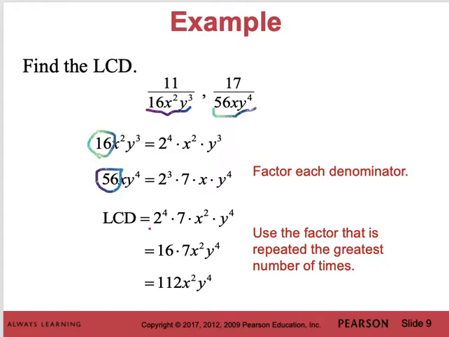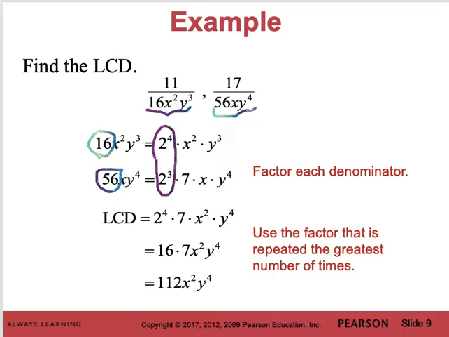Okay. So what's our least common denominator? 2 to the 4th power times 7 times x squared times y to the 4th. So what do we notice? Well, they both have a 2 raised to a power.